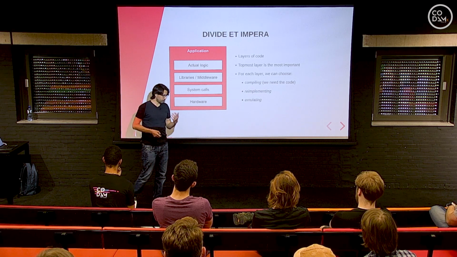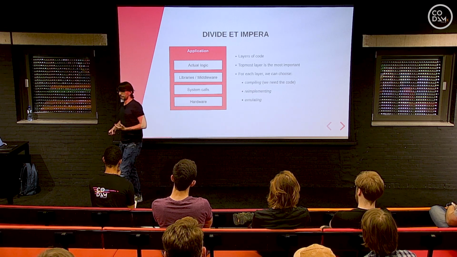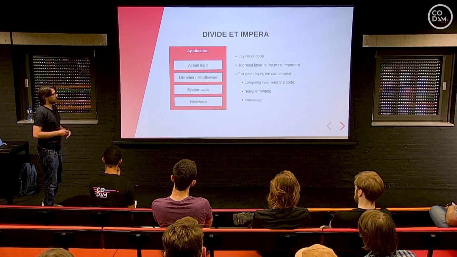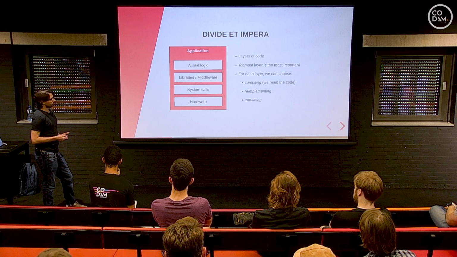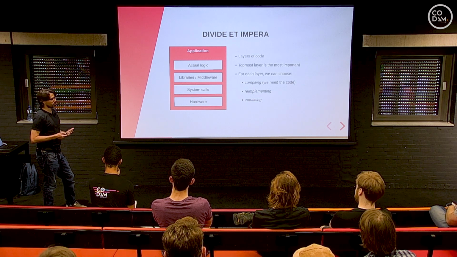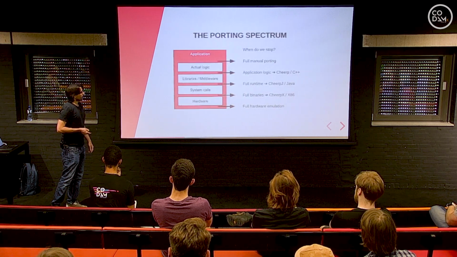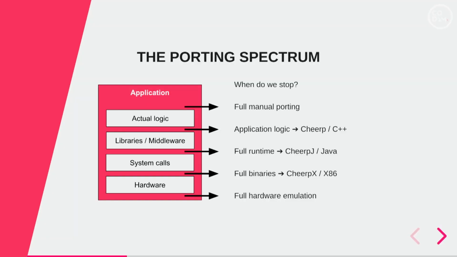So in this case, maybe you don't have the source code, and you simply take the existing representation of an application and you run it step by step. And this is what we do with CheerpX, for example, but in a sense, you could also argue that this is what happens with Java, although the situation with Java is a little bit more mixed. It's somewhere in between. And it's also interesting that pretty much, if you look at this hierarchy of layers and you stop at various points, you get different approaches to porting.